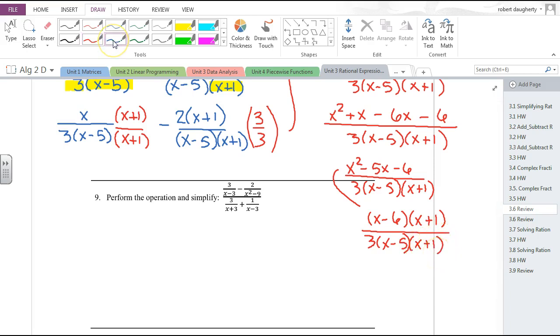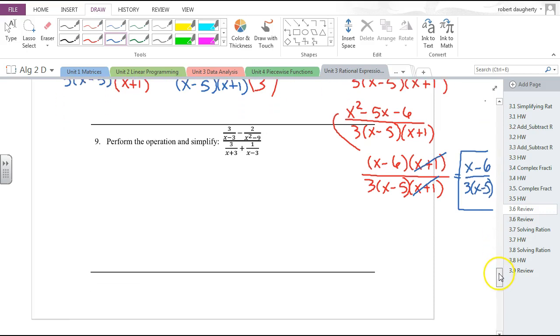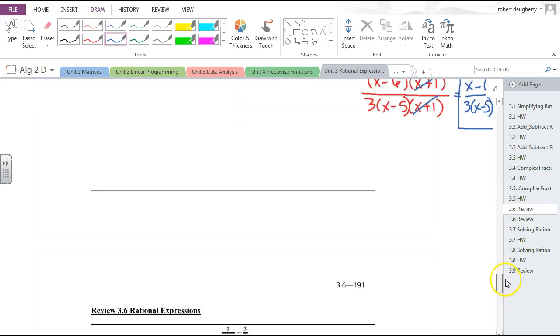Well, if I simplify this, x plus 1 divided by x plus 1 is 1. So this final answer, after all of this work, is x minus 6 over 3(x minus 5). Okay? A lot of work, a lot of factoring, a lot of arithmetic, and a lot of places where algebra mistakes can be made, but you guys are above that. A couple more and we are done with this review.